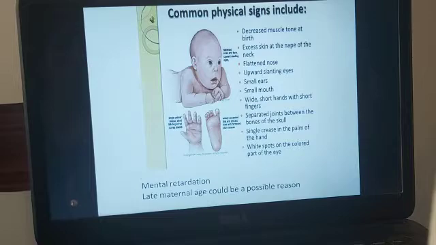Along with them, these children also show mental retardation, and one possible reason could be the late maternal age.